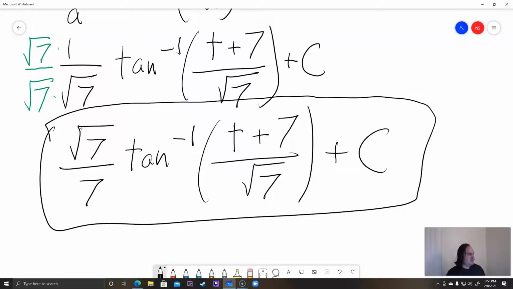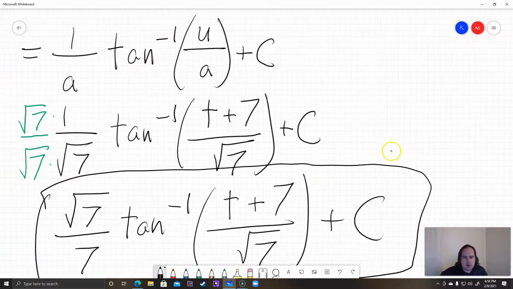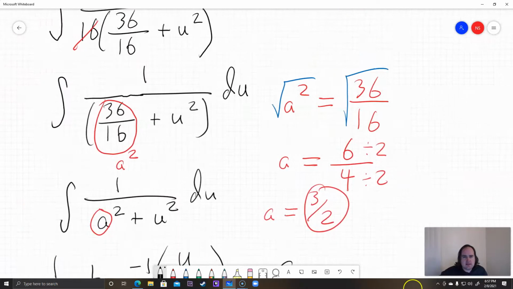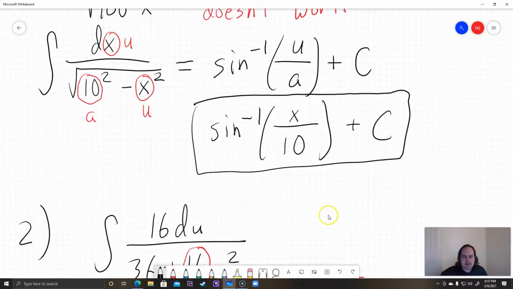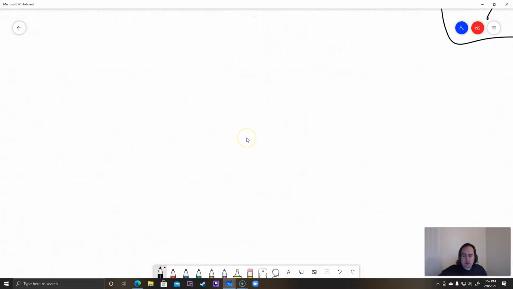Okay, so we've seen a couple examples of tan inverse. And then I wanted to see an example of one of the other functions. Okay, so we've seen a tan inverse, and a sine inverse. So why don't we go ahead and do a problem that involves a secant inverse.